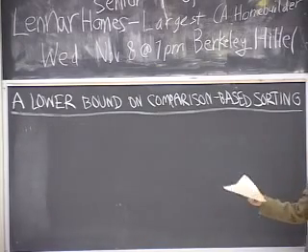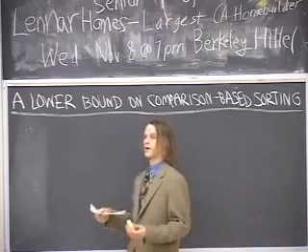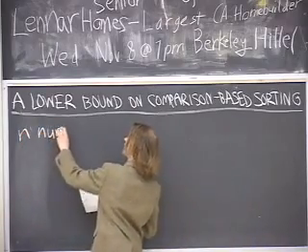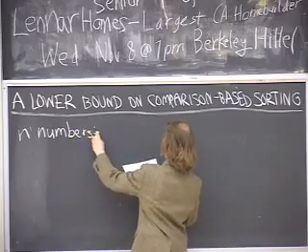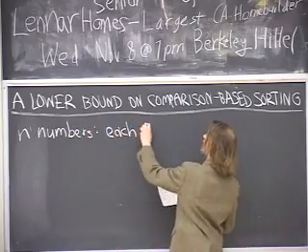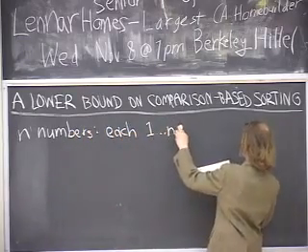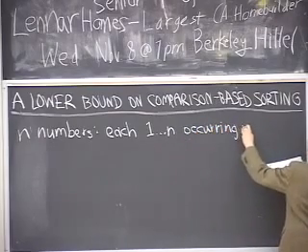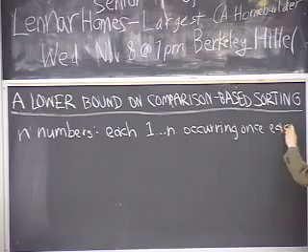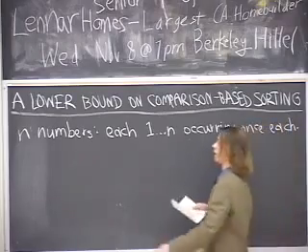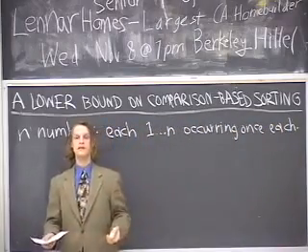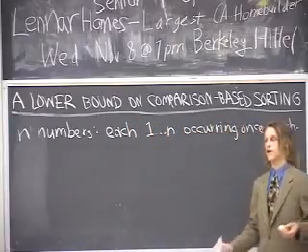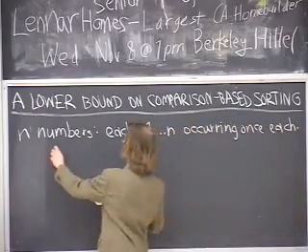As a prelude to this, suppose that you have a scrambled array of n numbers and each number from 1 to n occurs exactly once in this array. So let me ask, if you have n scrambled numbers, the numbers 1 to n, each occurring once in scrambled order, how many different orders can they be in?